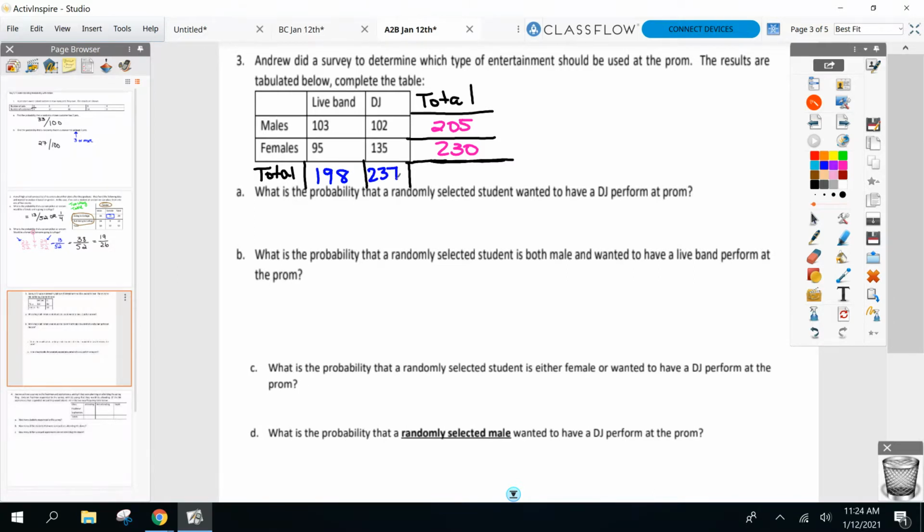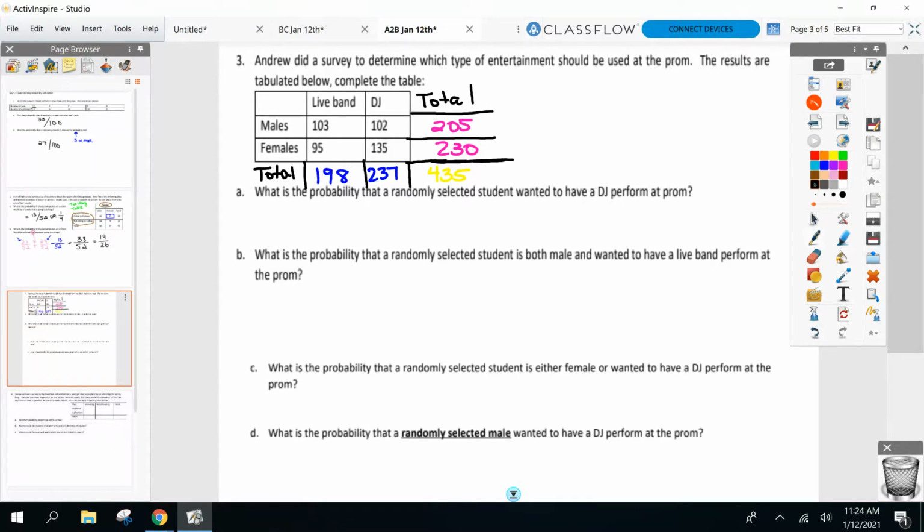And it doesn't matter whether you add up the column or you add up the total row. You're still going to get 435 people here. Still 435 no matter where you add. All right, so I know most of my denominators here should be 435. Perfect.